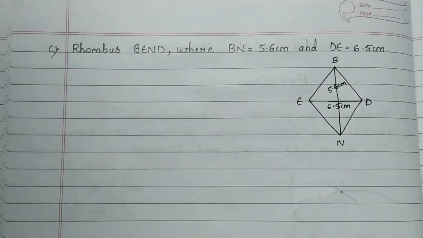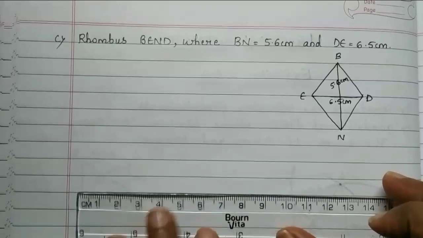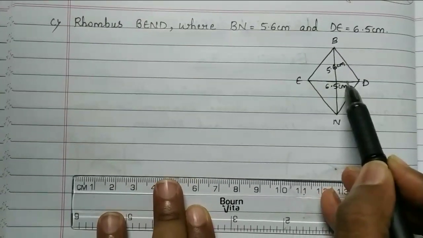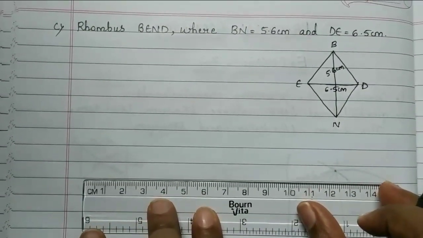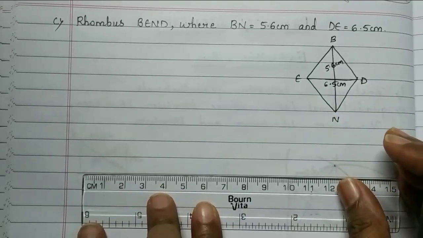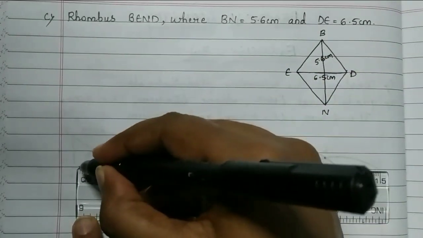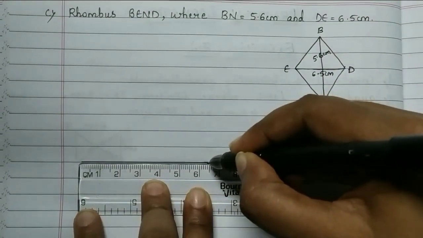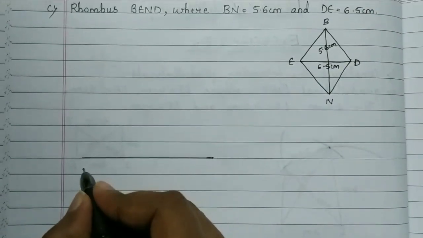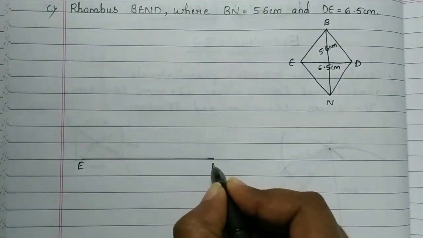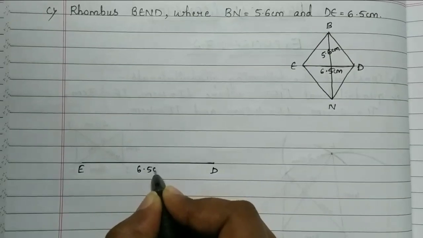So starting with the first thing, we will draw this ED as our base. So our ED is nothing but 6.5 centimeter. So we will draw a line of 6.5 centimeter. So this is ED, which is 6.5 centimeter.